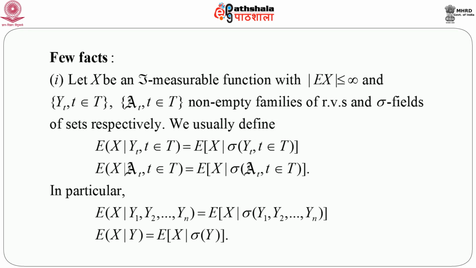In particular, if we write the expectation of X given Y1, Y2, Yn, more than one variable, this is nothing but the expectation of X given the sigma field generated by Y1, Y2, Yn.